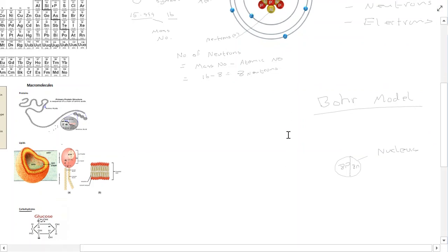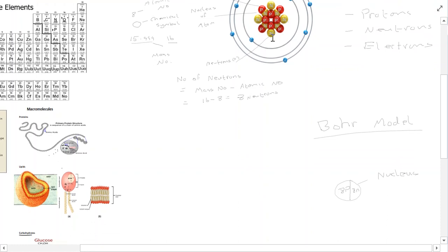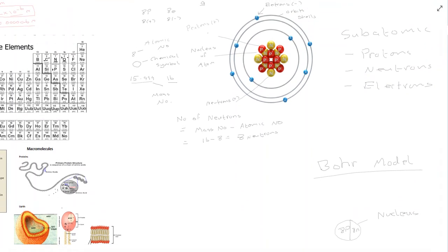The next thing that you want to represent on your Bohr model is what's known as the orbitals or shells. If we have a look here at oxygen, there's a shell or a space where the electrons can move around.